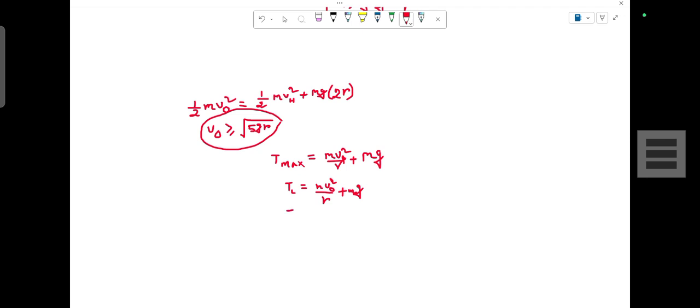So TL must be greater than or equal to mV naught square upon r plus mg. Obvious for looping.